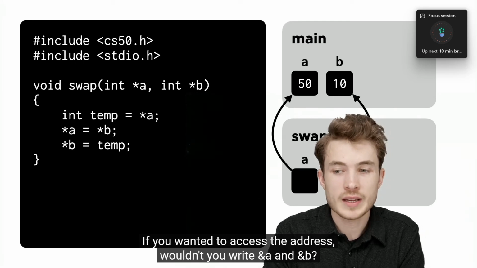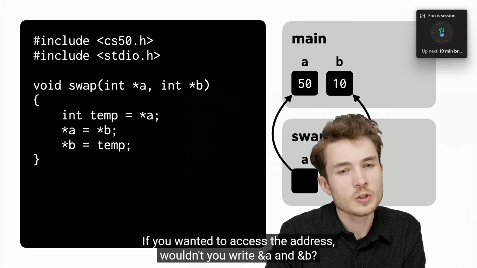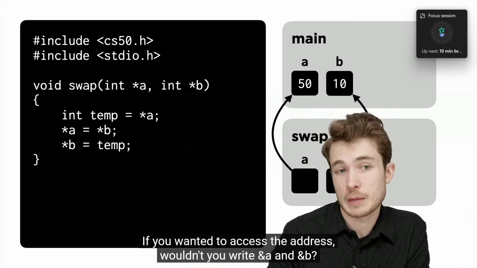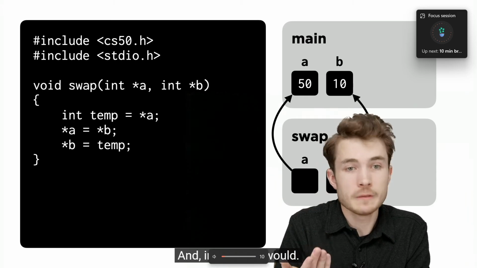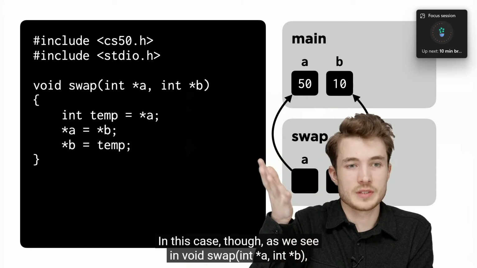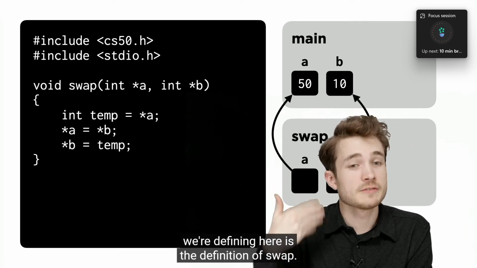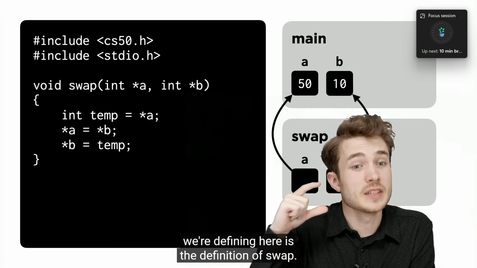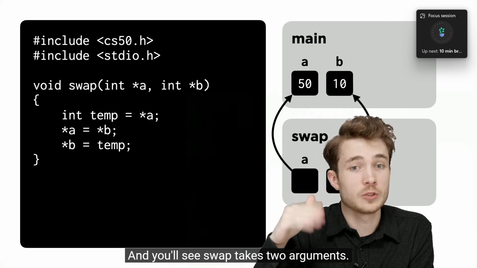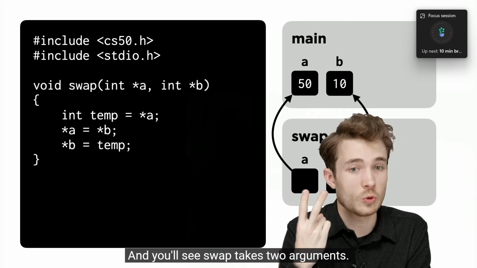A question here: if you wanted to access the address, wouldn't you write &A and &B? And in fact, you would. In this case, though, as we see in void swap(int *a, int *b), what we're defining here is the definition of swap. And you'll see swap takes two arguments.